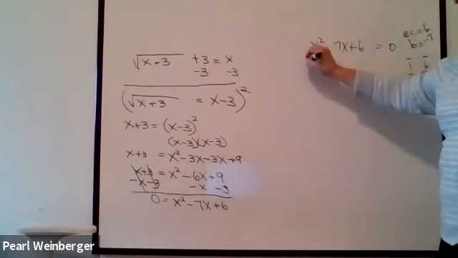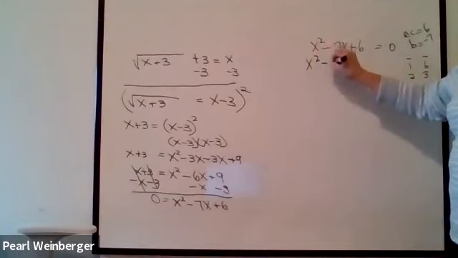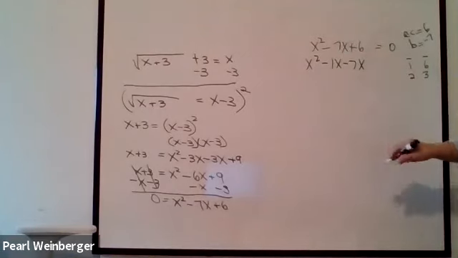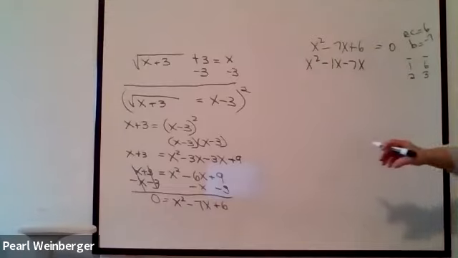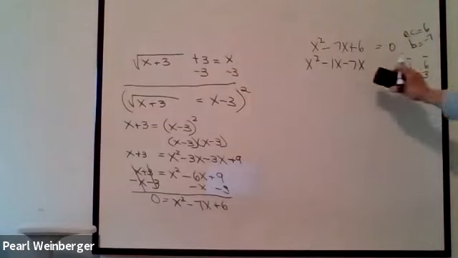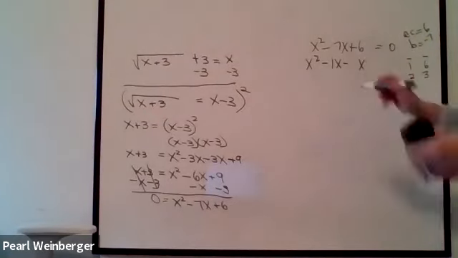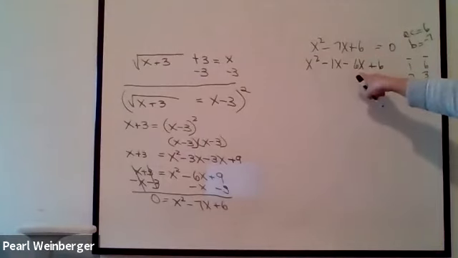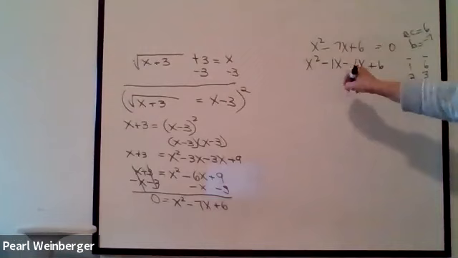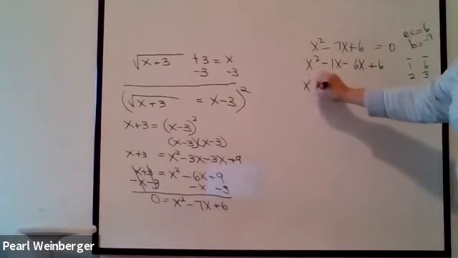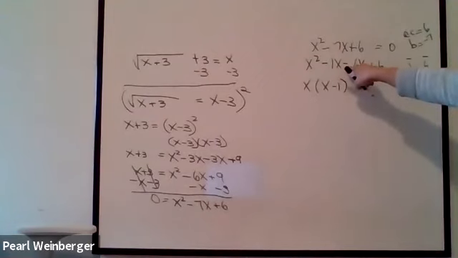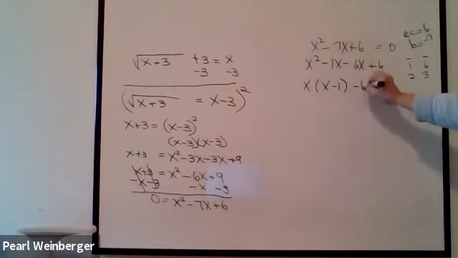So we're going to have x squared minus 1x minus 6x plus 6. Obviously, the negative 1x and negative 6x do give me negative 7x. So this factors to x times x minus 1, and here I have a negative 6 as my common factor.